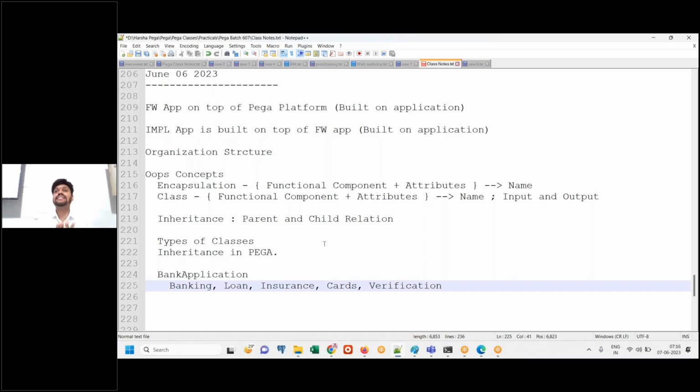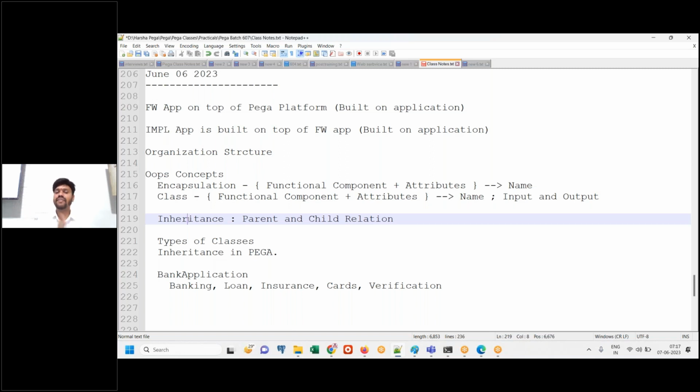How can a class access the functional components or attributes of another class when there is a relation built between these two classes? If a class wants to access the functional components or attributes of another class, what must be there? An inheritance relation must be there in the technology. So that's why inheritance is required, at a high level, a fundamental point.